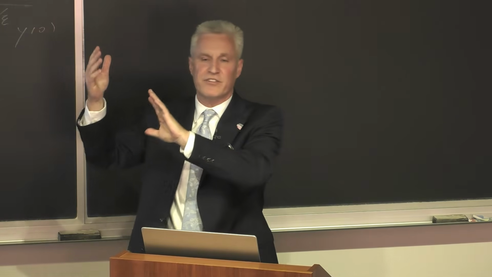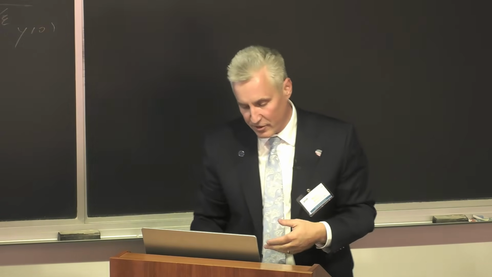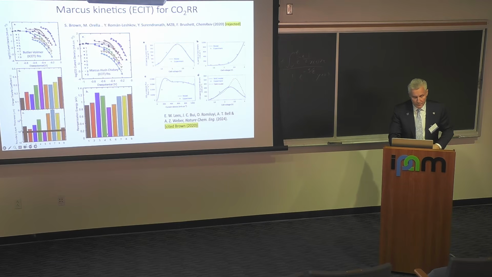If you have gold, then the electrons say, no, I'd rather be on the platinum on the other side. So that's actually part of the explanation here. And I should acknowledge that I learned the importance of work function from this beautiful paper of Buckley and Leddy, which didn't have a quantum theory, but had a nice Butler-Volmer based analysis of the effect of metal work function.